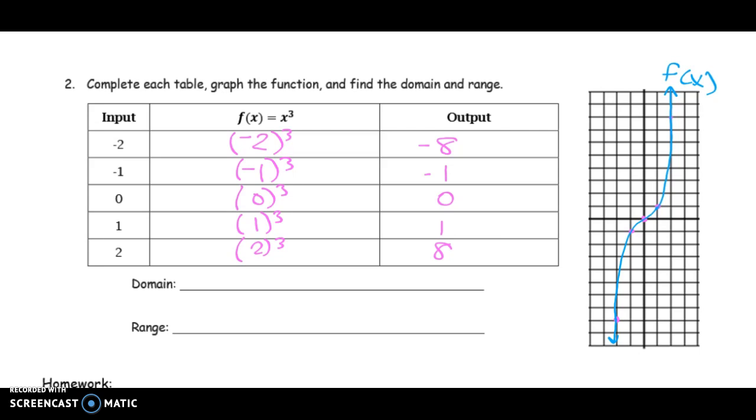Now it's time for the domain and range. So I know the domain is all real numbers. I need to decide, do I need to restrict it? Do I need to cut it down? With this being a cubic function, I know it's continuing forever. Besides going up and down, it is also going out to the left and the right forever, so I don't have any restriction. And for the range, again, we can see it's going up and down forever, no restriction.